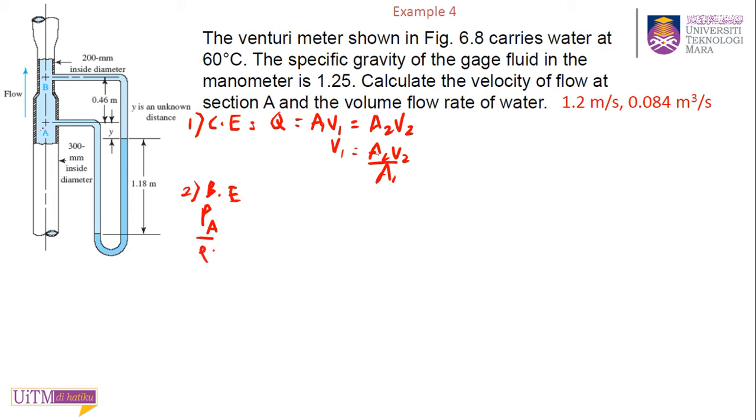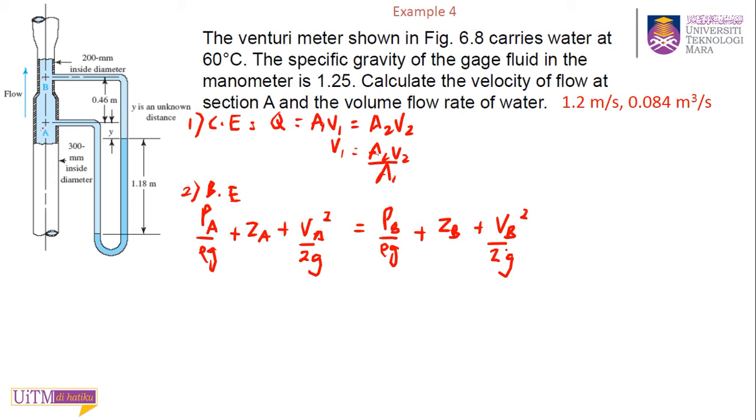So PA over rho G plus ZA plus VA squared over 2G sama dengan PB over rho G plus ZB plus VB squared over 2G. So this is your Bernoulli equation. Can we cancel out any terms? Adakah term yang kita boleh cancel out?